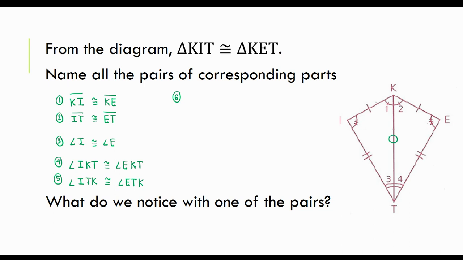But it happened to be this segment right here that wasn't marked, but notice that that would be segment KT for the first triangle, but it's also segment KT for the second triangle. So what we notice about one of the pairs is that one pair is the same segment.